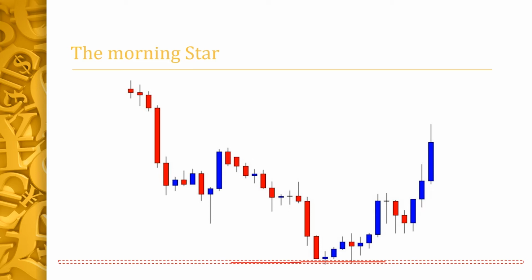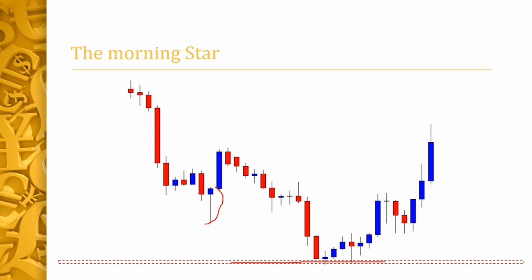So very, very important that when you see any pattern, you look and see if you have support or resistance, a trend line or a moving average, or anything that makes you think that this will act as support at this level. Yeah, because it will not work all the time.